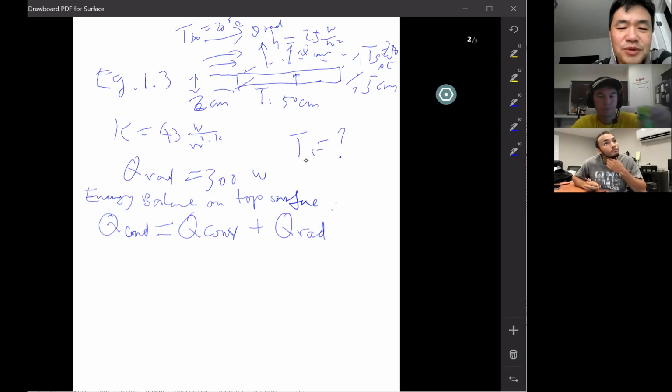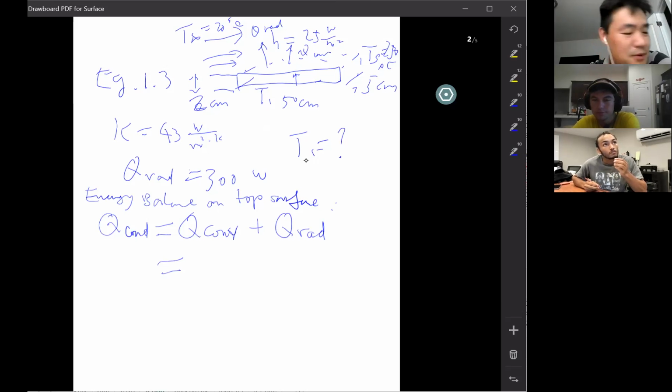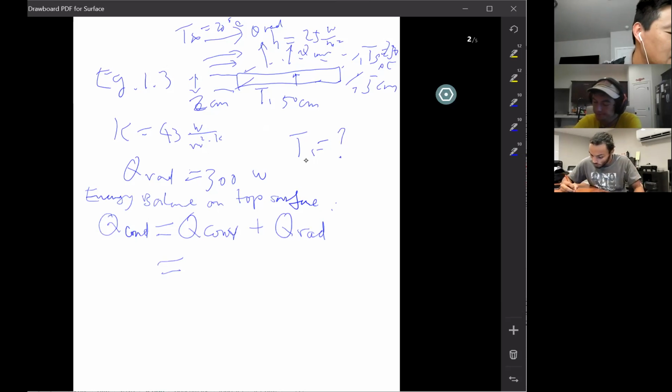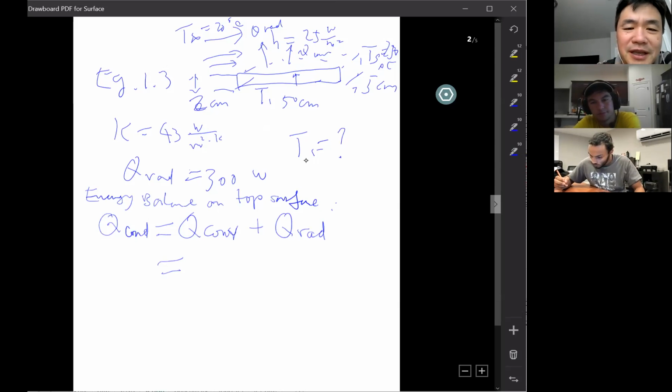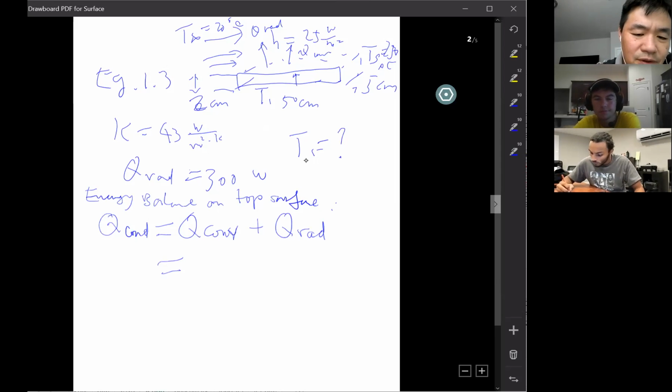So what do we know now? I think the Q convection has been calculated from example 1.2, the previous example. The convection heat transfer rate going out, based on the surface temperature, the ambient temperature and the heat transfer coefficient, is 2156 watt.